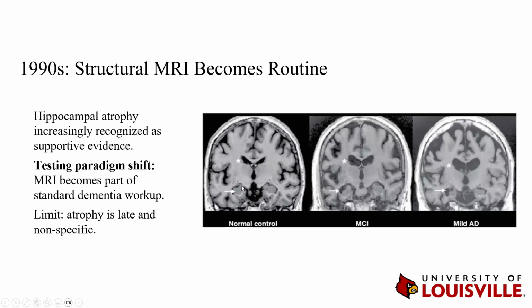We were able to see changes in the hippocampus as well as global atrophy. But again, it's not very specific, and some of this atrophy shows up later in disease progression. That was one of the big limiting factors. But at the same time, it's a step forward rather than having to wait until death to see any of these changes.